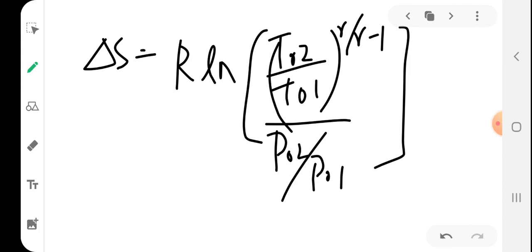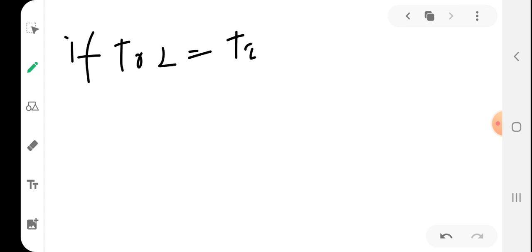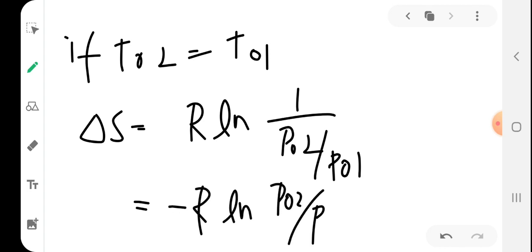So this is the relationship between the entropy change in case of stagnation properties. So if T02 equal to T01, then delta S equal to minus R log 1 by P02 by P01, or you can write minus R log P02 by P01.